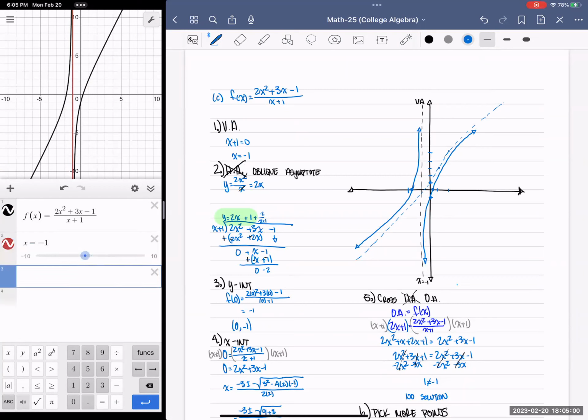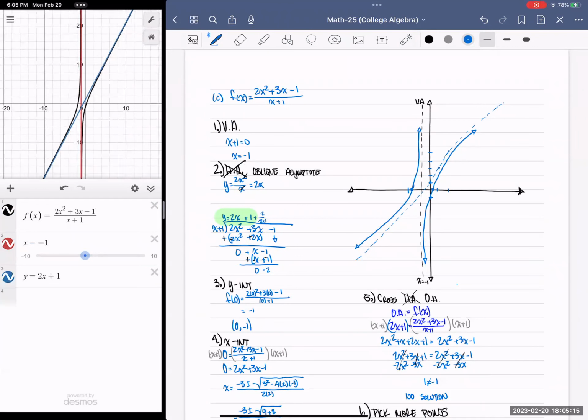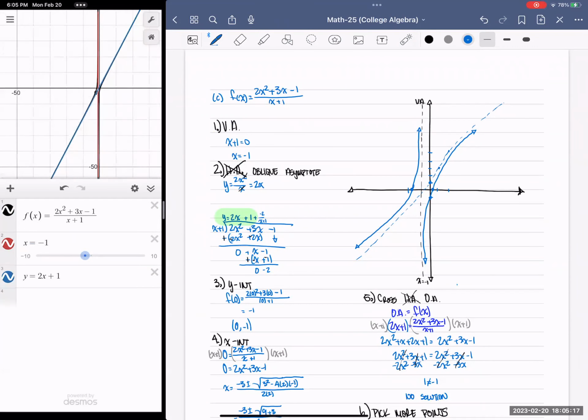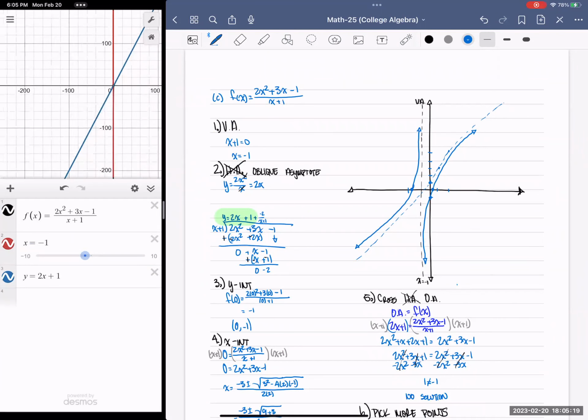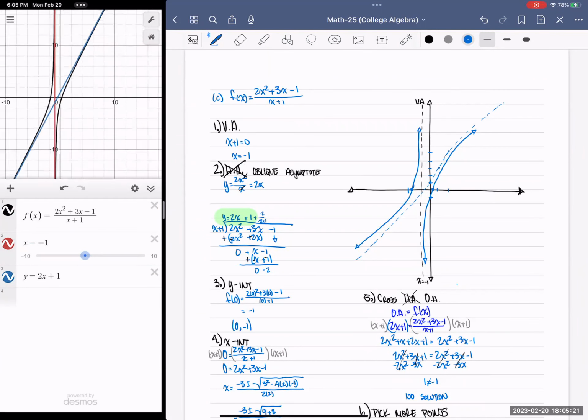Our horizontal asymptote we didn't have, but we did have an oblique asymptote. Let's try that: y equals 2x plus 1. And notice how it starts getting closer and closer to those 2 parts there. We have that oblique asymptote.